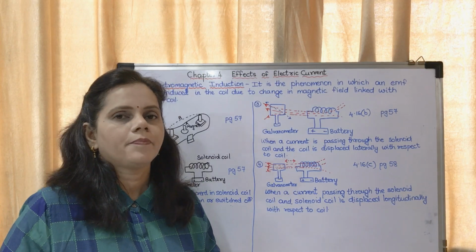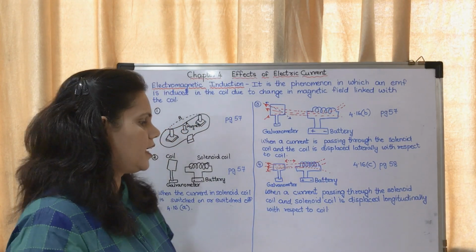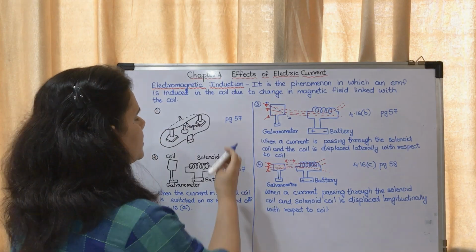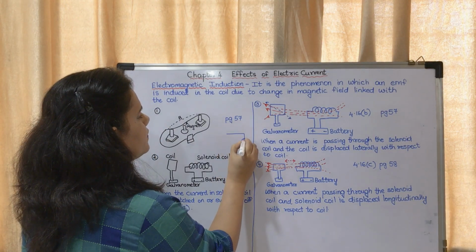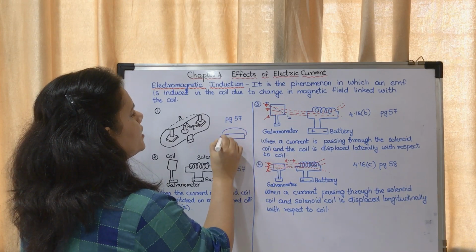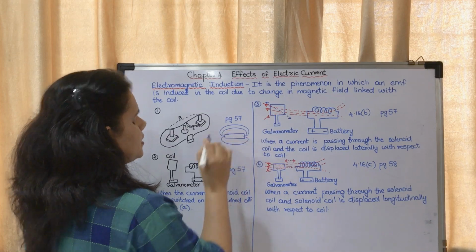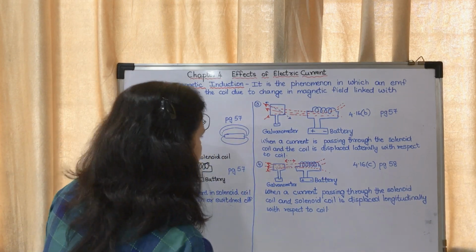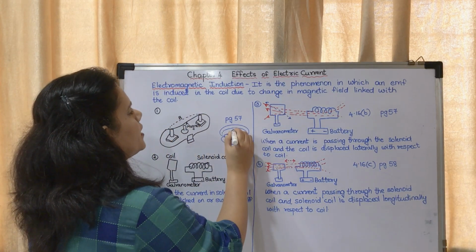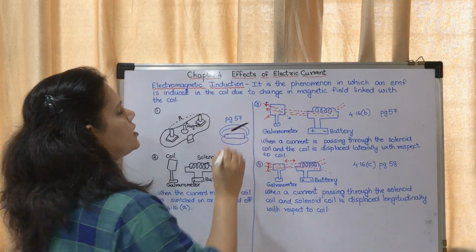That means we have studied that magnetic lines of force are there. Okay, that means if this is a magnet, I had told you these are the magnetic lines of force. If you keep a conductor here and if you move the conductor, then what is happening?